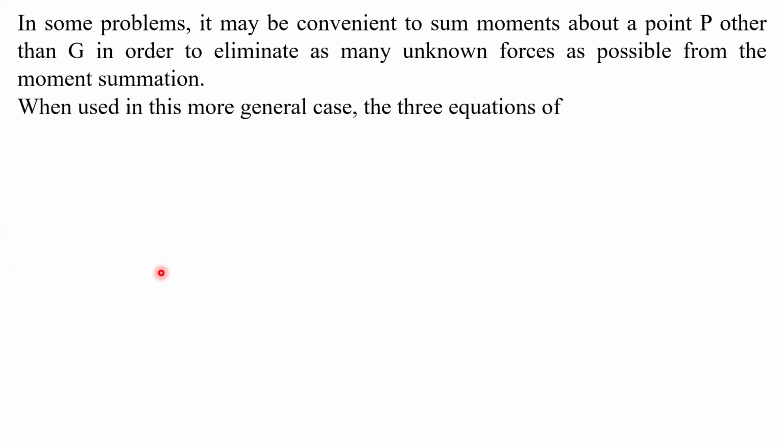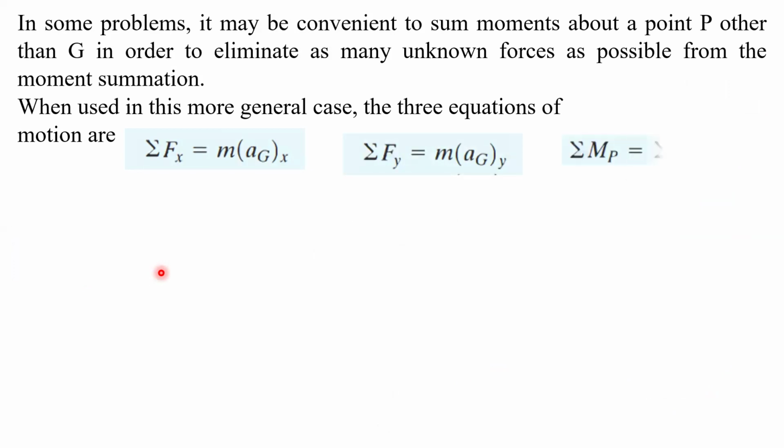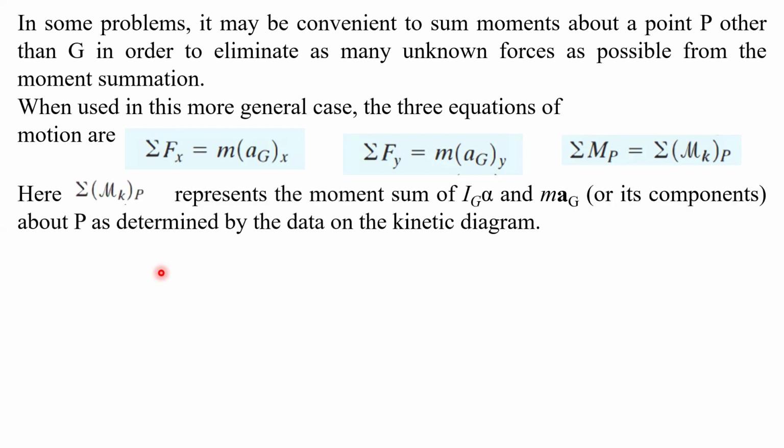When used in this more general case, the three equations of motion are summation Fx is equal to m a_Gx, summation Fy is equal to m a_Gy, and summation M_P is equal to summation (M_k)_P, that is the summation of all the moments about point P is the summation of all the kinetic moments about that same point P. Here, summation (M_k)_P represents the moment sum of I_G alpha and m a_G or its components about point P, determined by the data on the kinetic diagram.